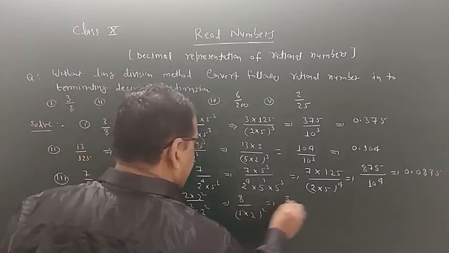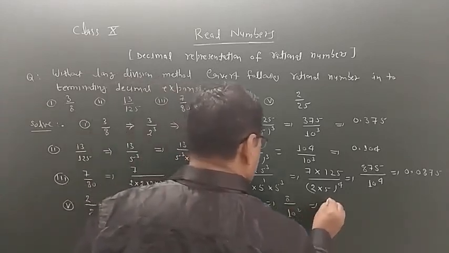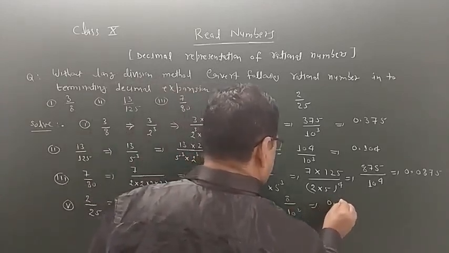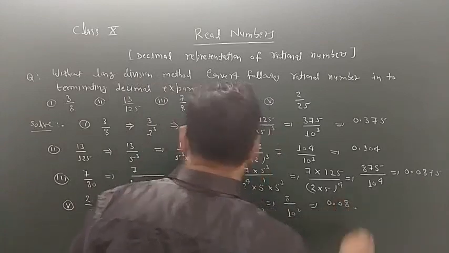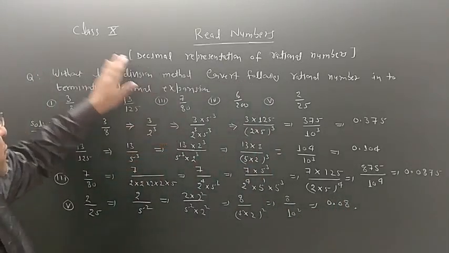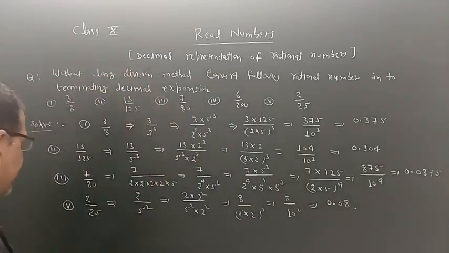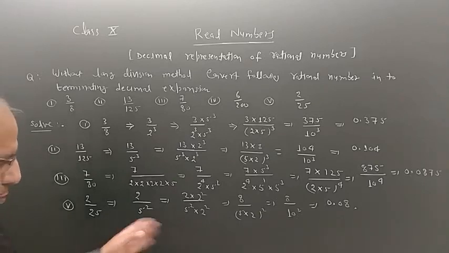That means 8 upon 10 square. So this is 0.08. So these are some problems in which you convert into terminating decimal expansion without using the long division method.